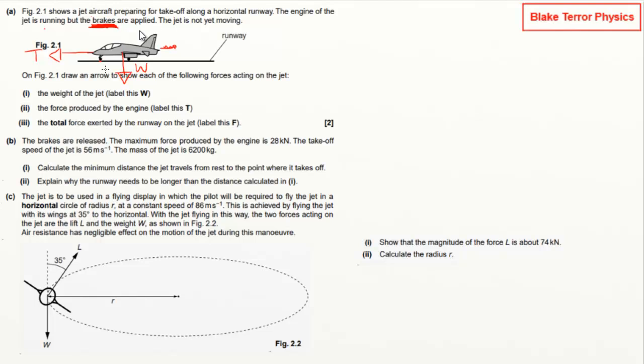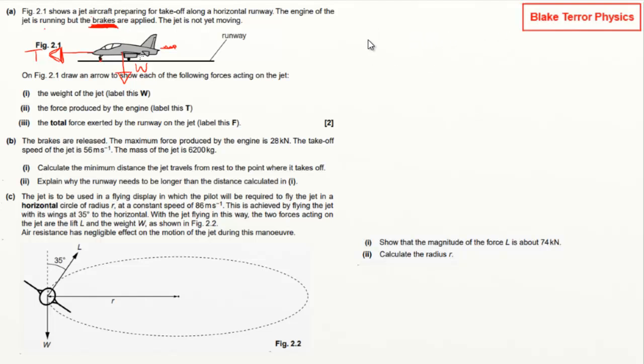The long and the short of it is, we have friction acting between the plane and the ground because the wheels are locked in place by the brakes, but we've still got this driving force, this T force from the engine, which is trying to push the plane off to the left here. The only thing stopping that is the friction against the ground, and the fact that the plane would have to skid rather than roll.